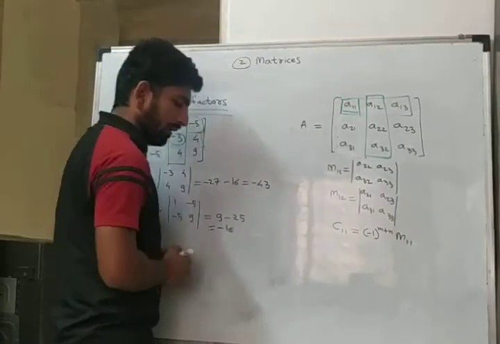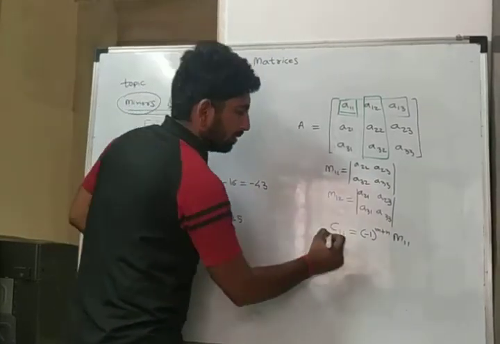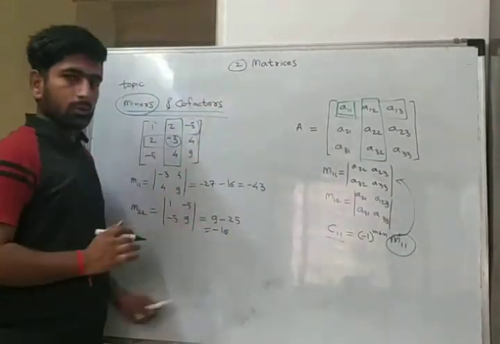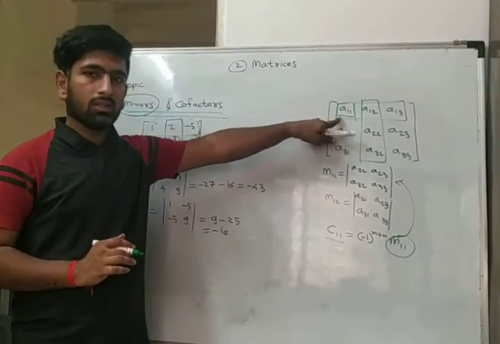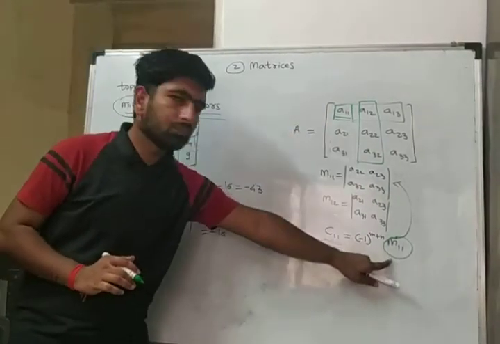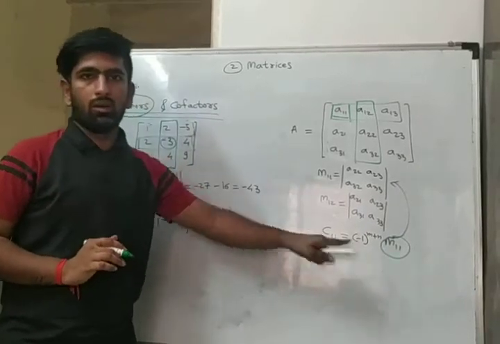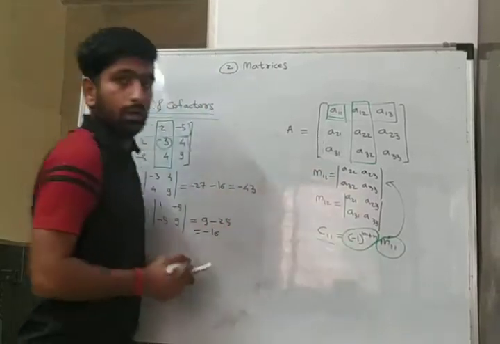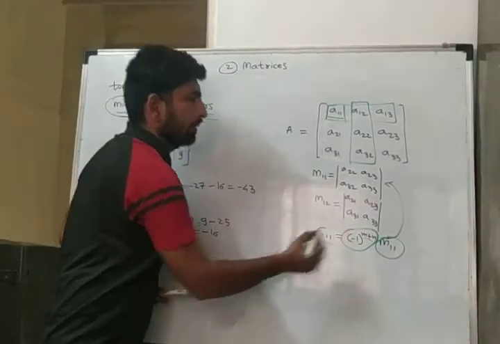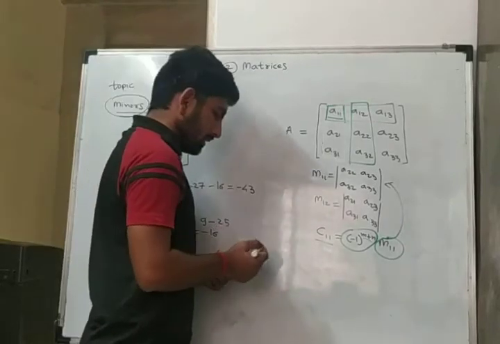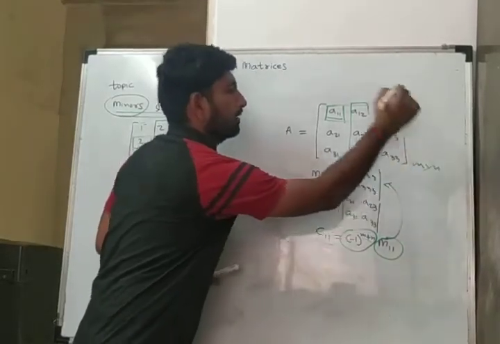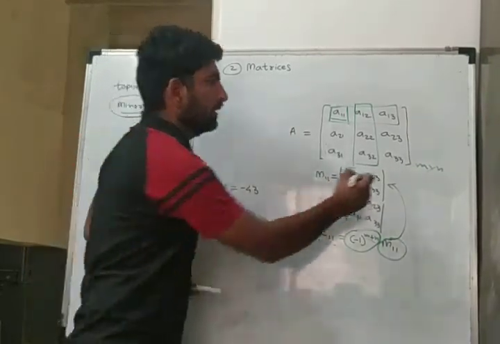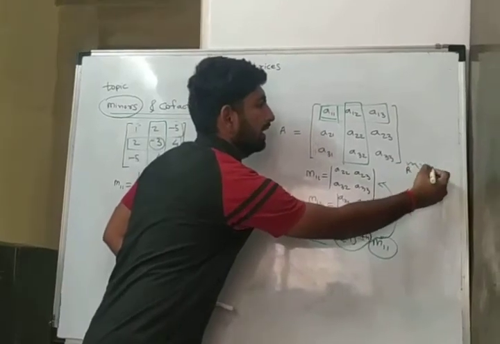For the cofactor of the first position, we are considering the minor of that same position. Only the added part is minus 1 raised to m plus n. What is m plus n? As we understand the position of the minor, m is the number of rows and n is the number of columns.